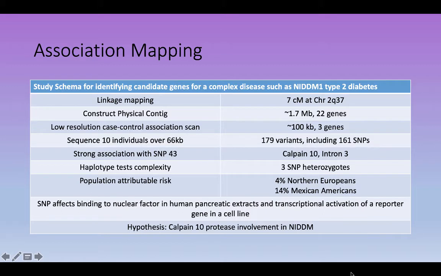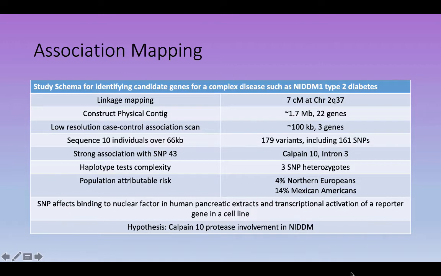We could do some case-control tests, and here we can narrow it down even further. We can say it looks like 3 genes are significantly associated with this disease.